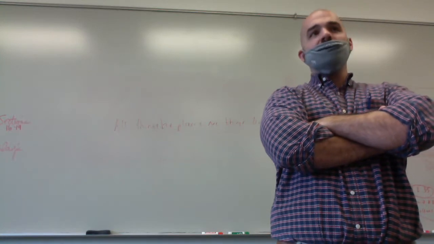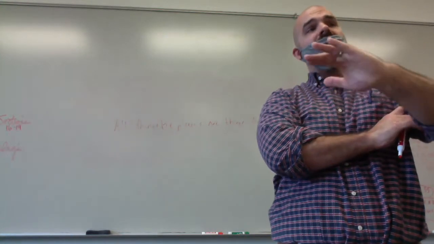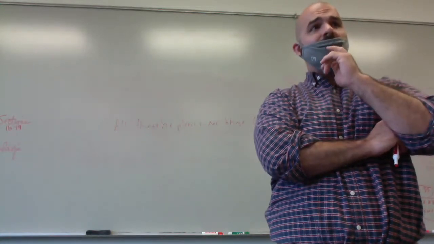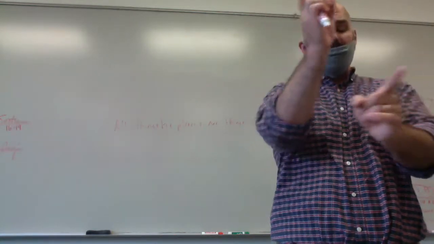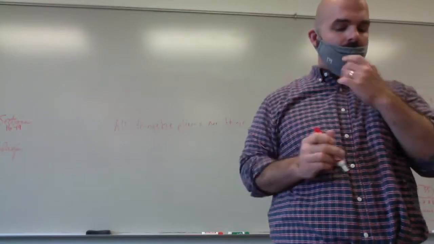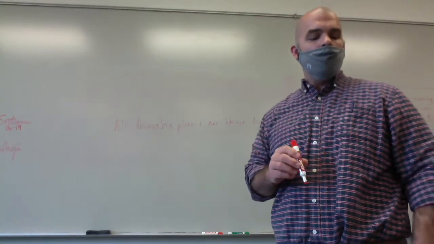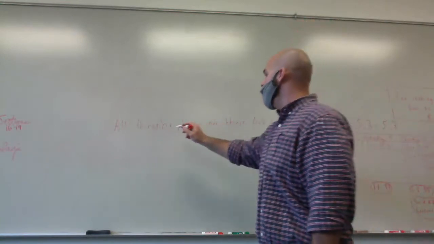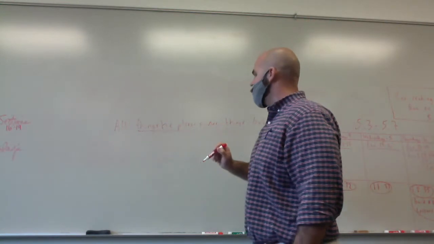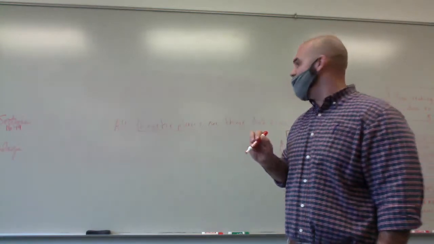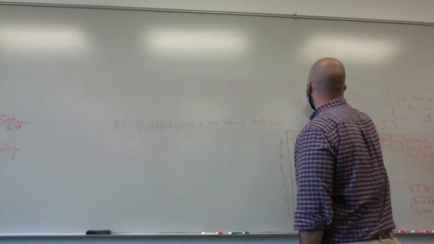If that statement was true, that means that literally the only thing that God does is save people. But does God do anything beyond saving people? Yes. So we're going to have to do it the other way, which would be what? All saving of sinners are things he pleases, right? Because we know this statement is going to show up in there, so we know that's going to be our middle term. So this would be all saving of sinners.